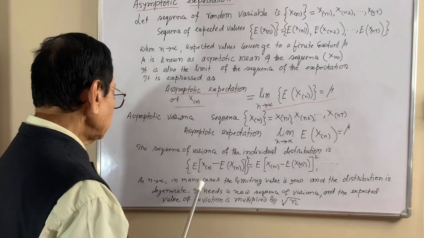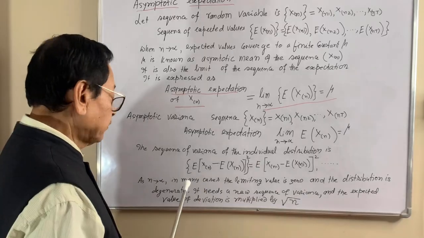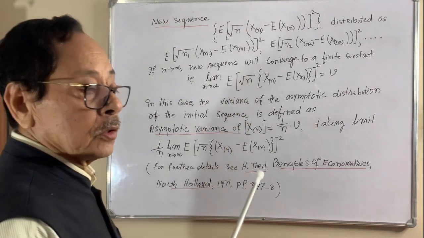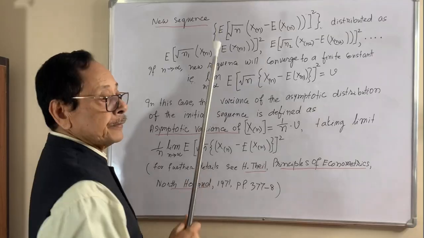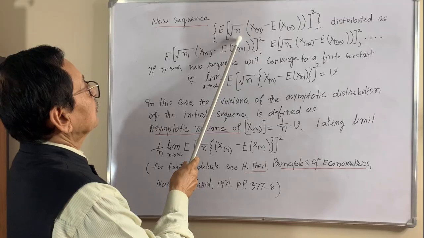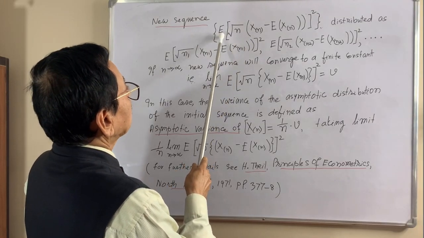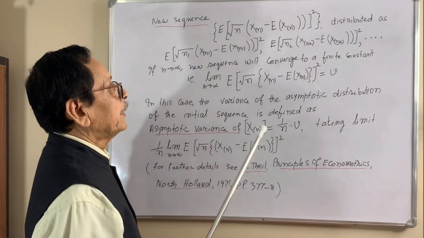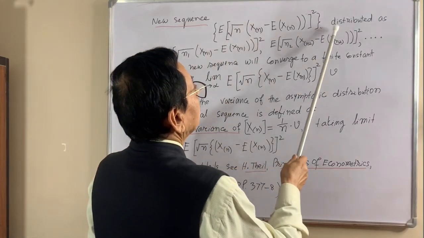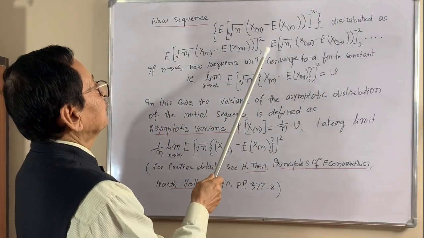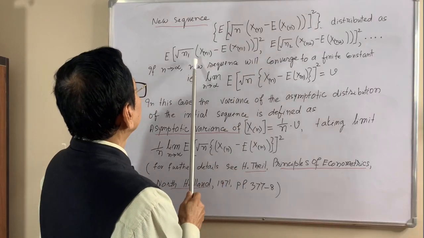If it is the case of degenerate, then multiplying by root n, the new sequence will be this one, and we take the expectation of this.